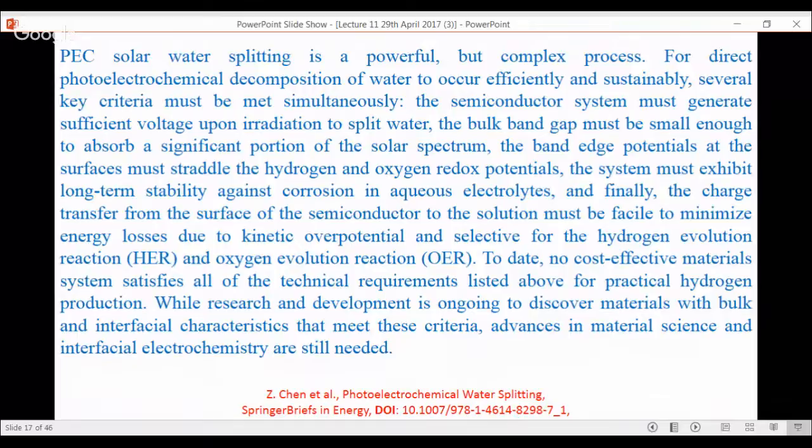Many papers are also published on the oxygen evolution reaction, but the understanding of the oxygen evolution reaction is lower. It doesn't mean we completely understand both of them. We do not understand both of them completely, but understanding of the hydrogen evolution reaction is better compared to the oxygen evolution reaction.